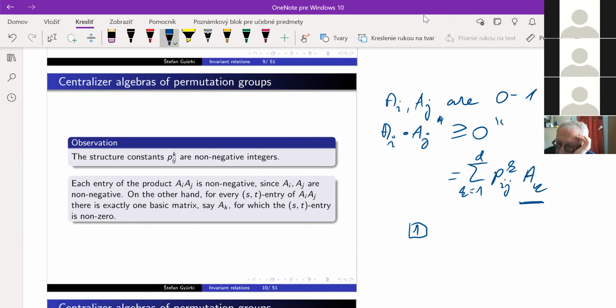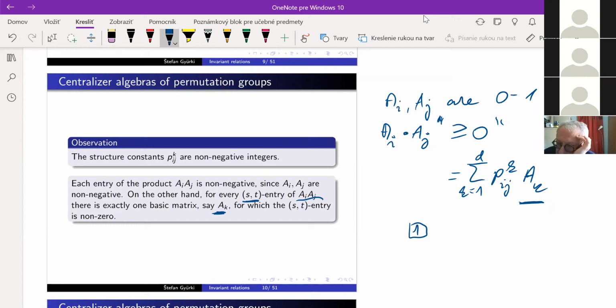So if I have, for example, in the st entry some number in the product A_i A_j, then it appears on the same place in just one matrix, say K, and in all others there are zeros.